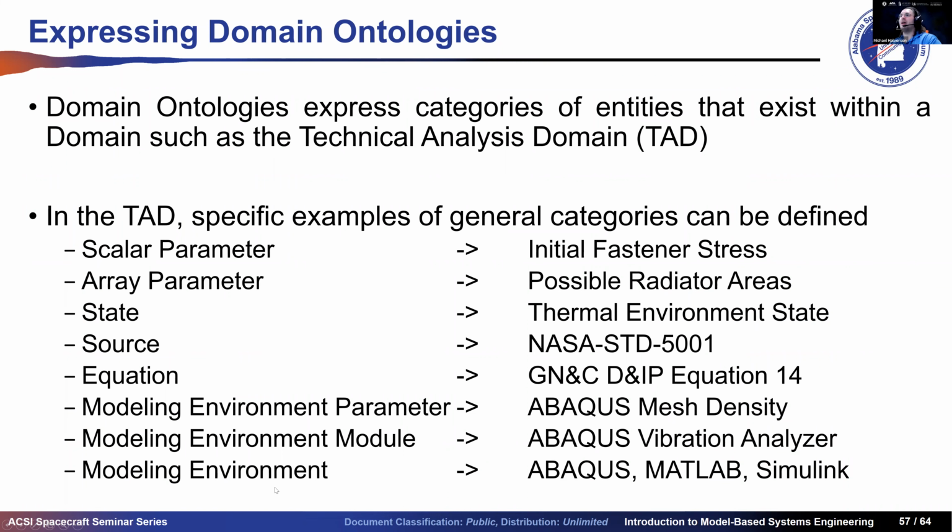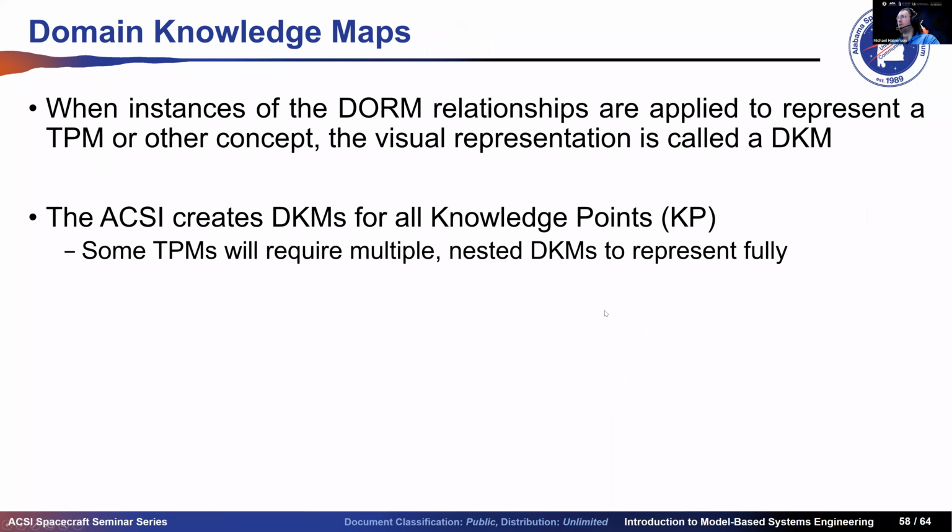You can conceptualize a MATLAB subroutine as a modeling environment module, and parameters exist within one or more modeling environment modules, wherein the modeling environment is MATLAB. So these are the categories, and these are instances of those categories. Okay? So in a domain knowledge map, we are instantiating the categories.